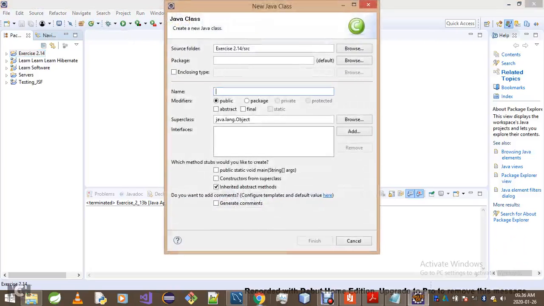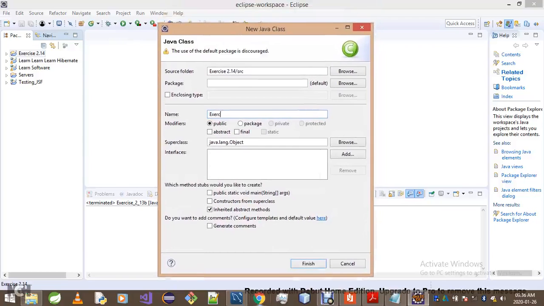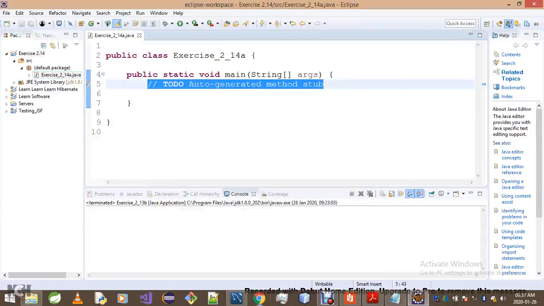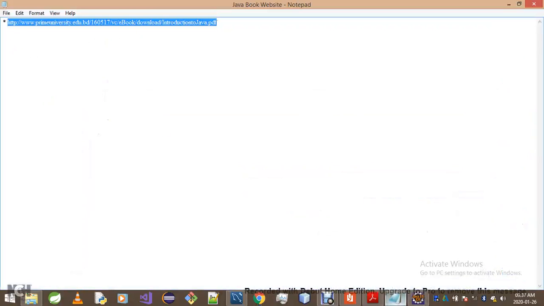Okay, so now let's create a class, and this is gonna be from our dumbest student, which is student A. So it has to be 2_14 and then A. We of course need the compiler to generate a main method for us.